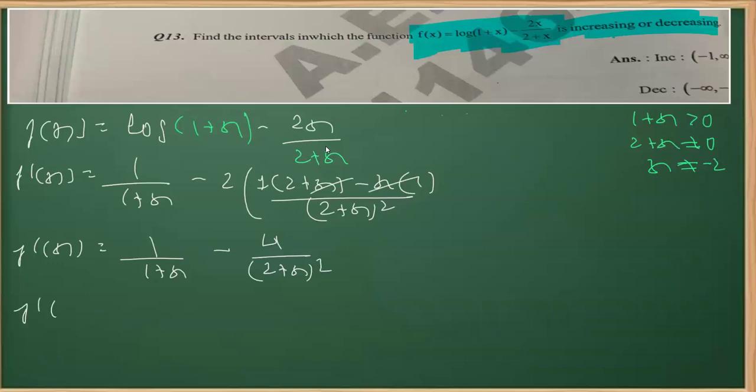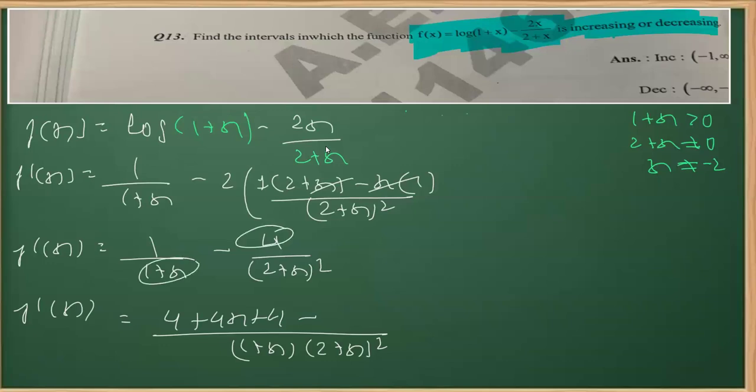Next, I'm taking the LCM here. On taking the LCM, this is (1 + x) multiplied by (2 + x) whole square. Now, if I write this, 1 multiplied by this, and on expanding, we are getting a square plus 2ab plus b square, and minus 4 multiplied by (1 + x) should give you minus 4 minus 4x.